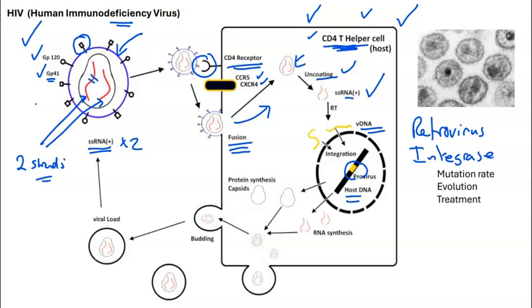But as with other lysogenic cycles, it is possible that when triggered, it may enter the lytic sequence, in which it will bring about the synthesis of the capsids and the RNA, which will then combine together before what's known as a budding process, which releases the viral DNA, the capsid, surrounded by the host envelope, thereby raising the levels in the bloodstream of HIV, which is called the viral load.